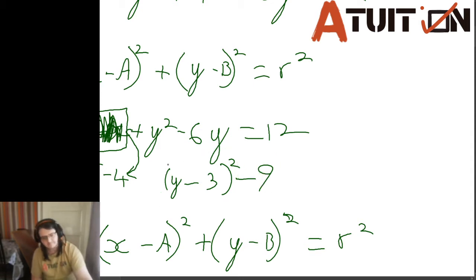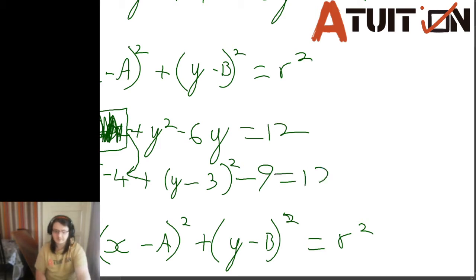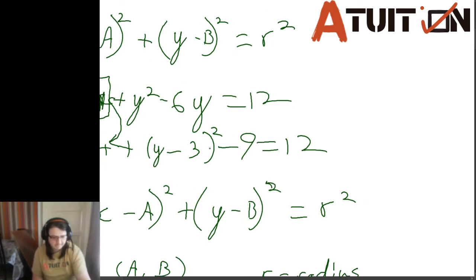Alright, so now we've got these two things. x plus 2 squared minus 4 plus y minus 3 squared minus 9 equals 12. The other side, it's just 12. Alright. Let's tidy this up a little bit. This minus 4 and this minus 9, let's put those over here, if we add 4 and 9 to both sides.